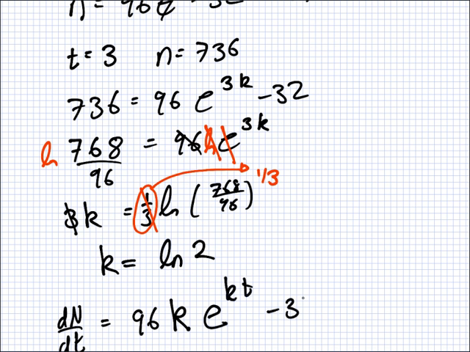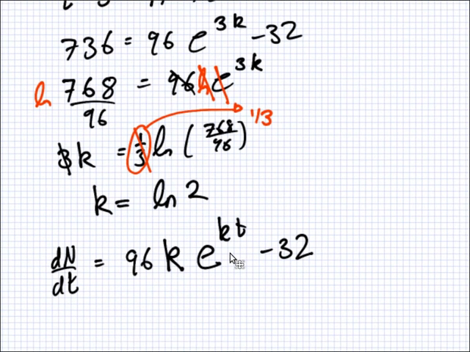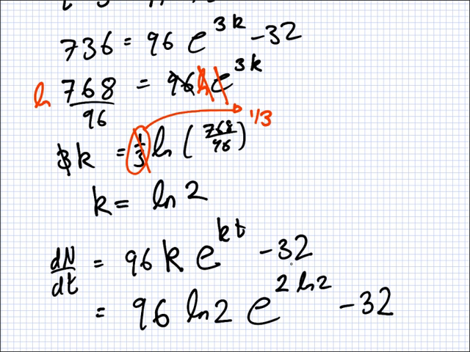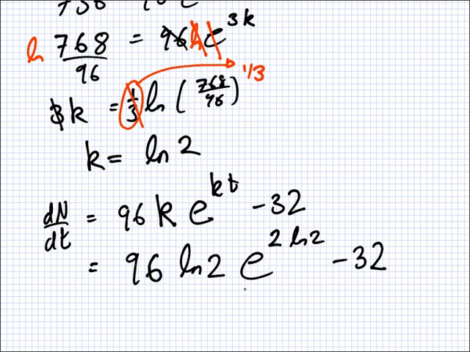e kt minus 32. What did you say the t was? 2. So it's 96 log 2 e 2 log 2 minus 32. You just put it in on the calculator. Oh, it's gone.